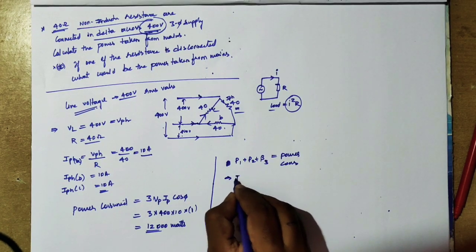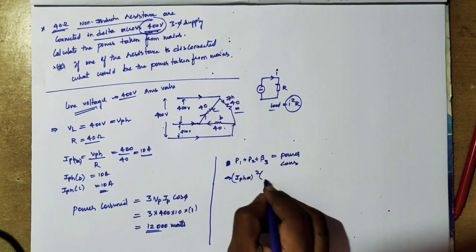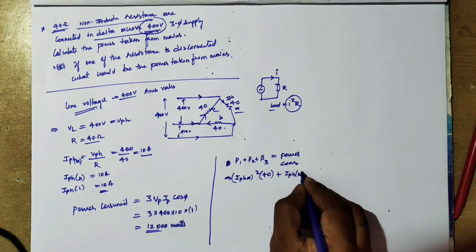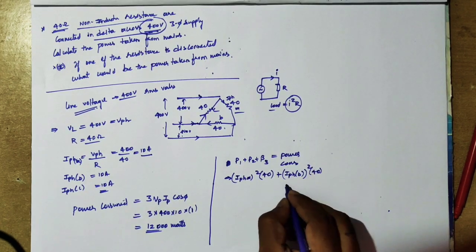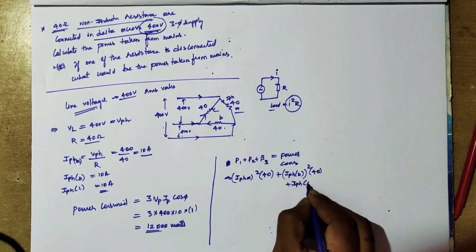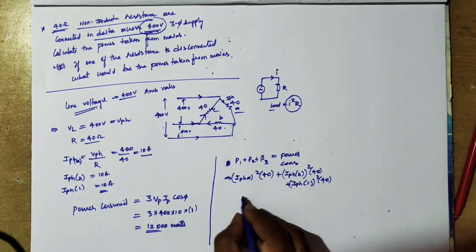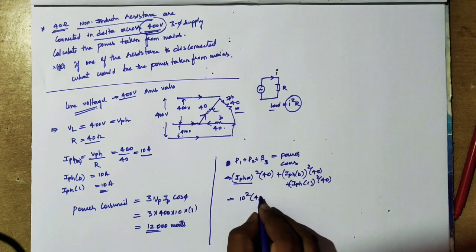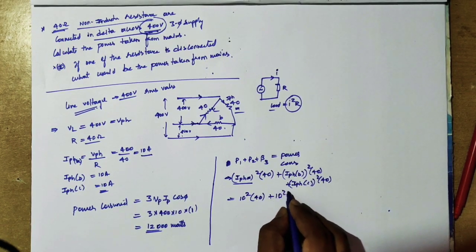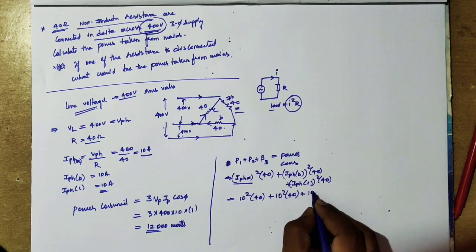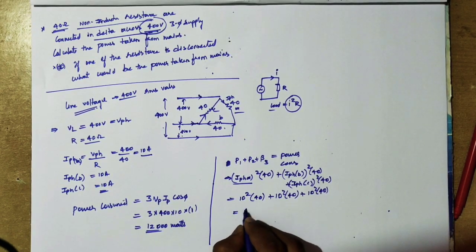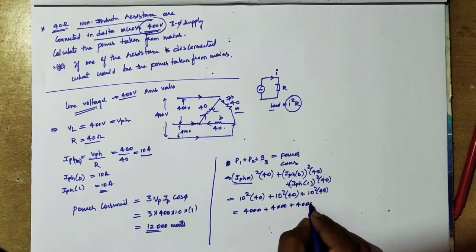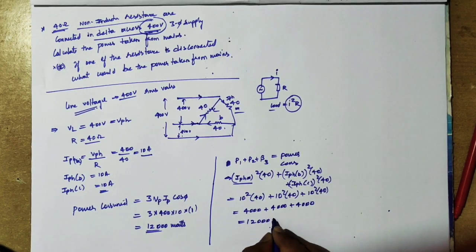So I phase A whole square into 40 plus I phase B whole square into 40 plus I phase C whole square into 40. So total power consumed, I square R is what? 10 square into 40 plus 10 square into 40, 10 square into 40. So therefore you will get 4000 plus 4000 plus 4000. So totally you will have same value, 12000 watts.